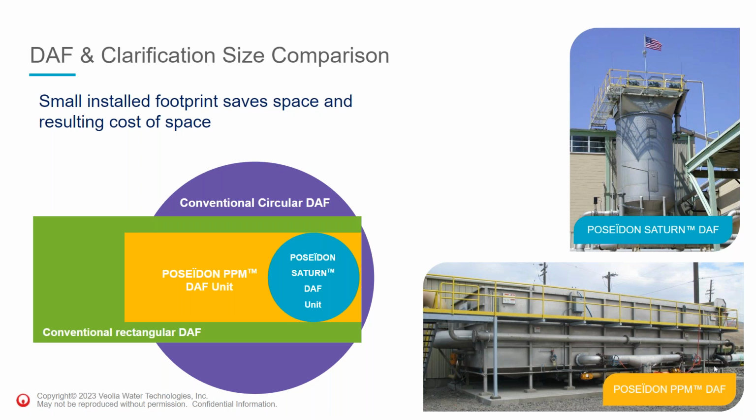So with Poseidon, we use plate pack technology inside our units so that we can enhance the solid separation in the units with plate packs, or in the case of the vertical Saturn unit, conical shaped plates. By doing this, we can reduce the actual footprint of the machine and the physical size, and you can see relative dimensions. So we end up with very high rate DAF clarifiers with smaller physical size that can fit into the recycled plants.